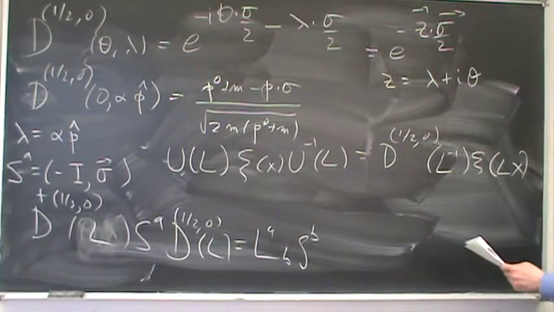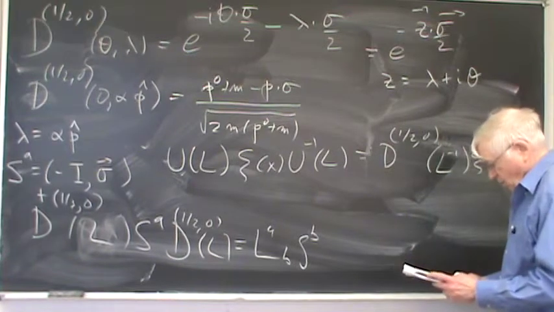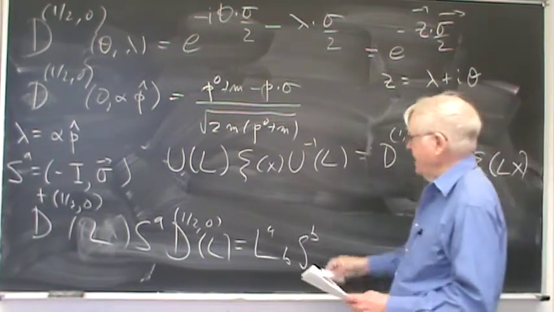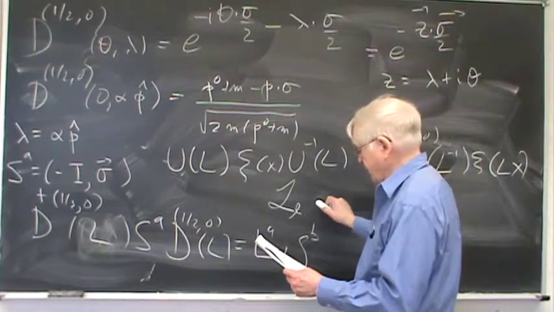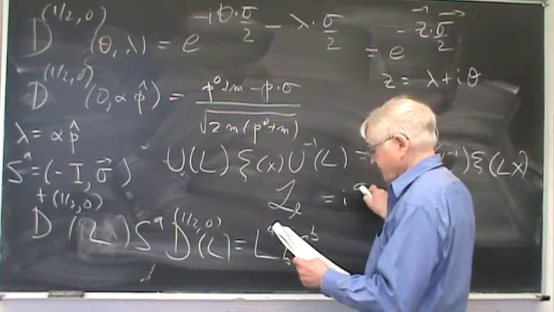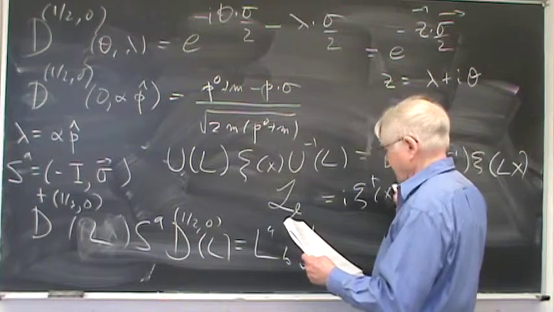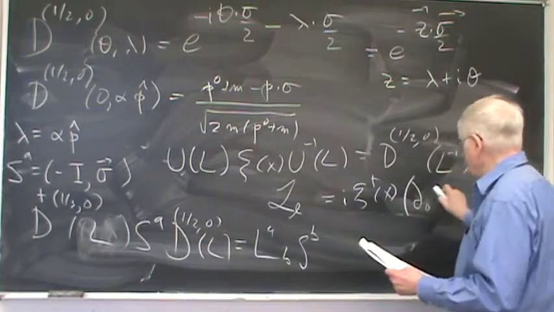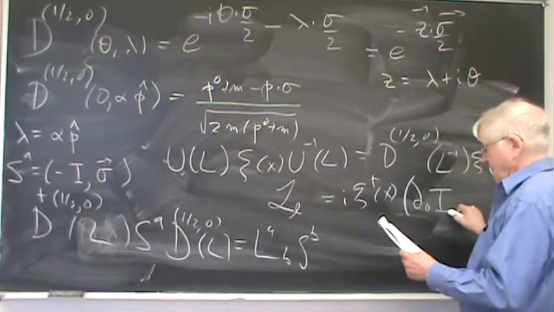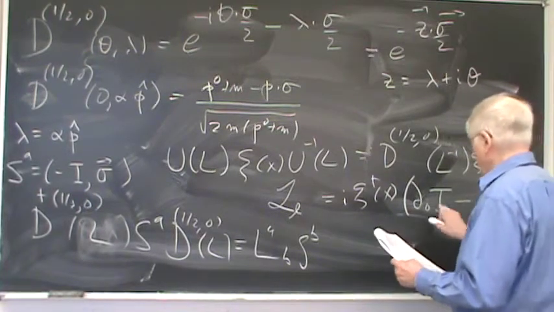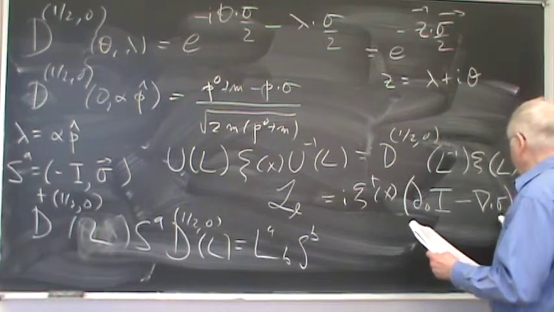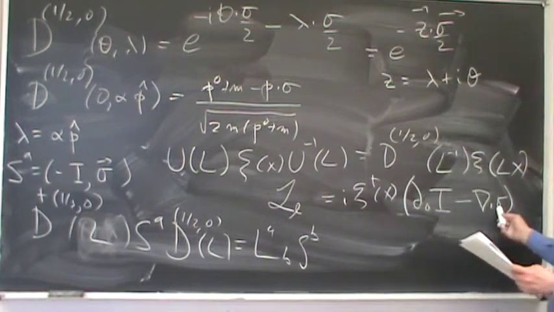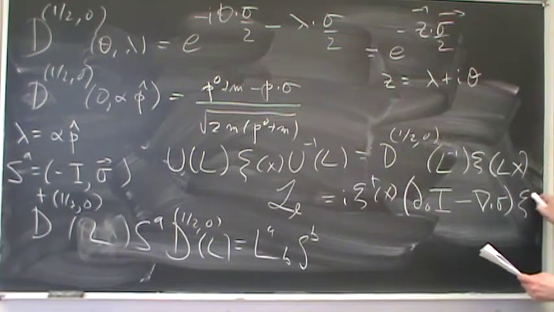So that's how it transforms. And then what you can see is that an action density that's invariant and left-handed is i psi dagger of x times the time derivative on the 2x2 identity, minus the gradient dotted into the Pauli matrices sigma.